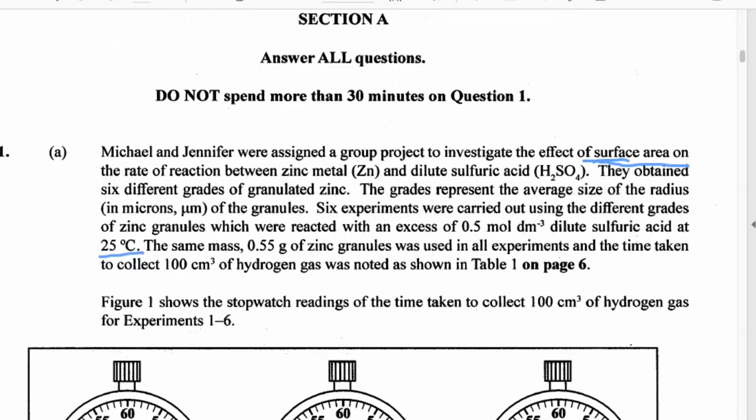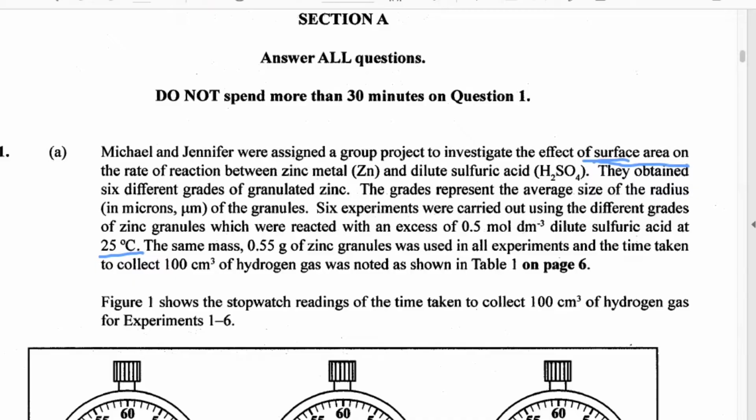The same mass, 0.55 grams of zinc granules, was used in all experiments, and the time taken to collect 100 centimeters cube of hydrogen gas was noted as shown in table 1 on page 6.